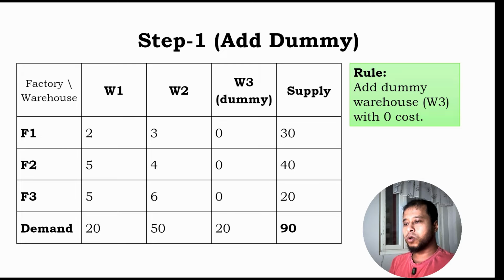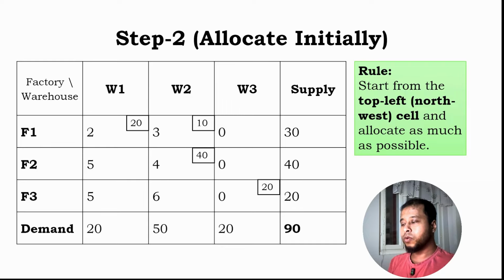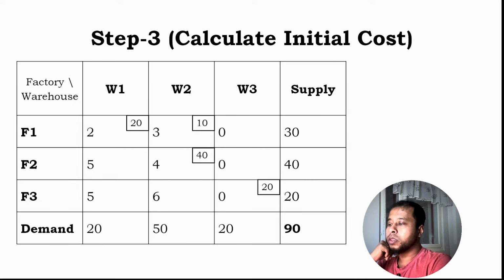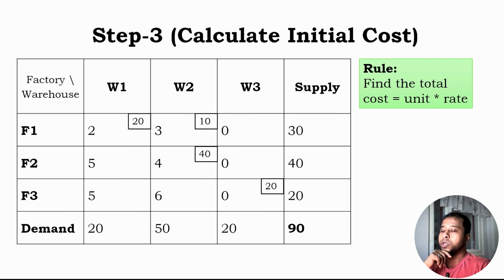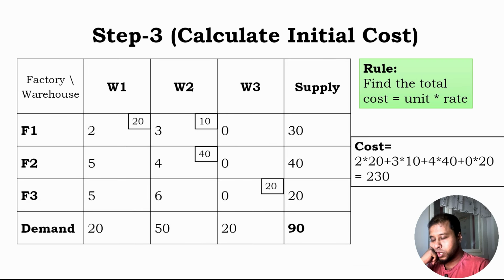We use the northwest corner rule, and we start from the top left cell and allocate as much as possible. And then we find the total unit cost: 20 multiplied by 2 plus 3 multiplied by 10 plus 4 multiplied by 40 plus 0 multiplied by 20, which is 230. The next step is to check whether we meet optimization or not.